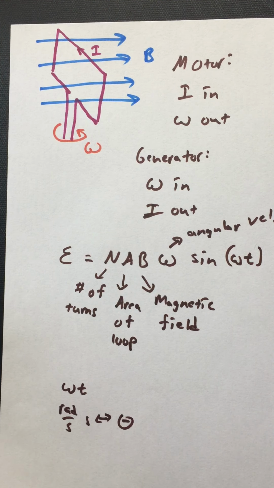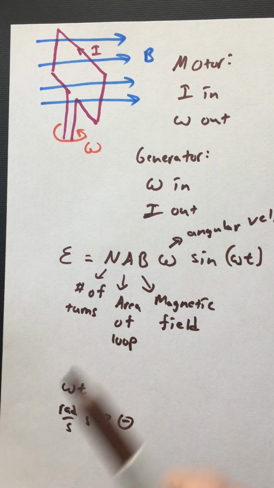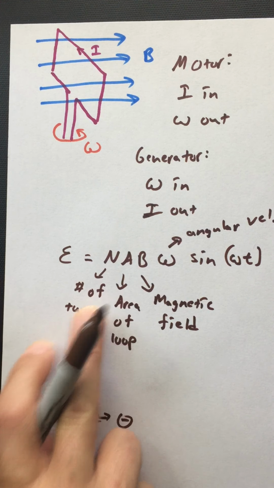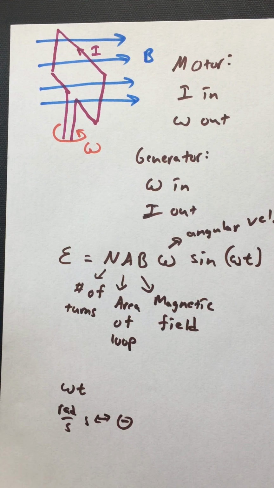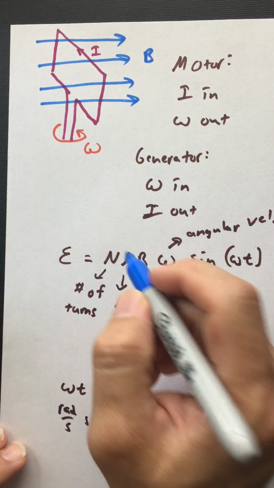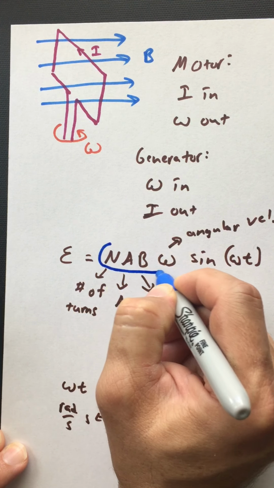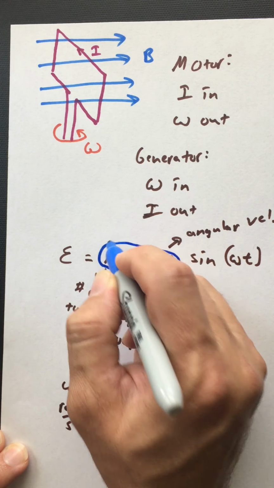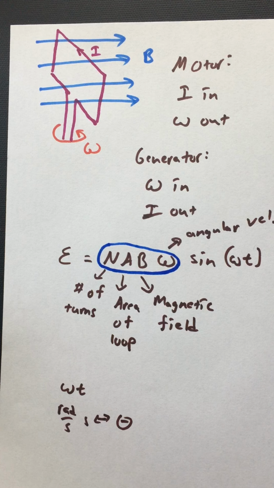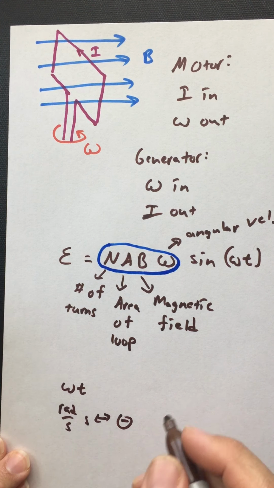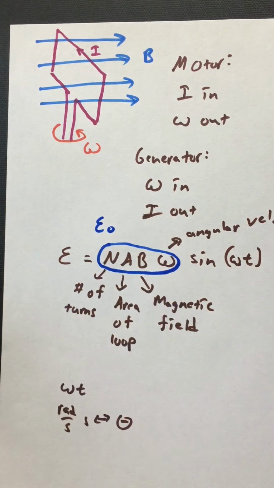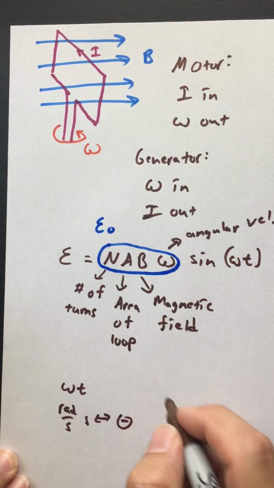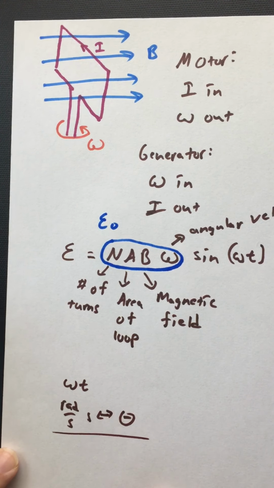So this component out in front is sometimes called E naught. It's just a simplification to enable us to write this equation as this. I'll write it down here.